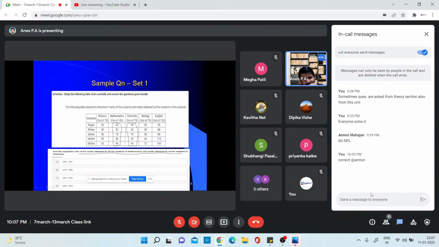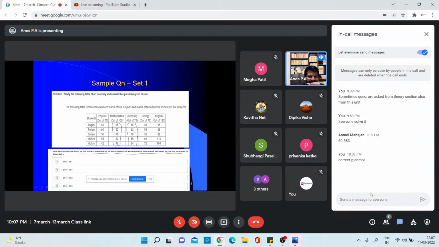Anybody please? 373 by 306. Yes. So the numerator is the sum of the mathematics values, and the denominator is the sum of the values of the chemistry subject. This is a simple question.